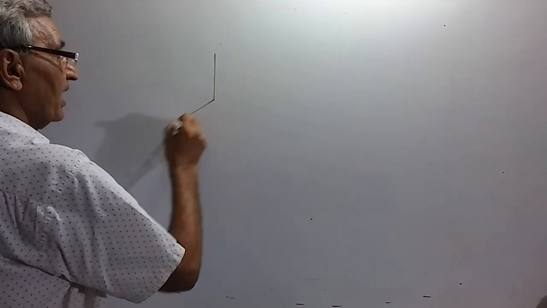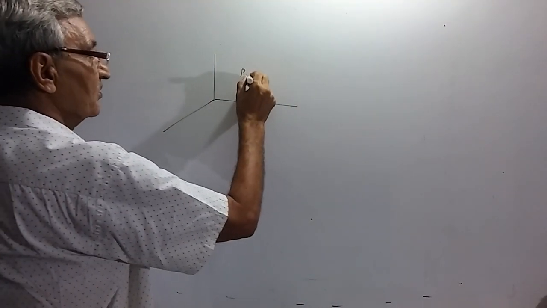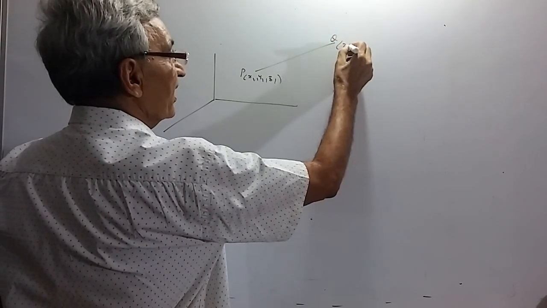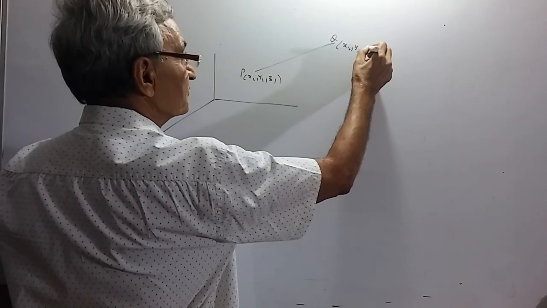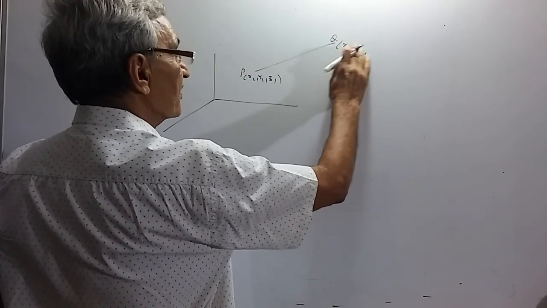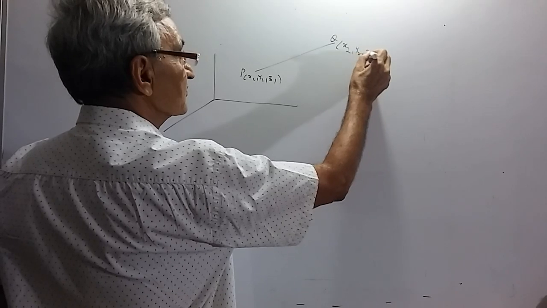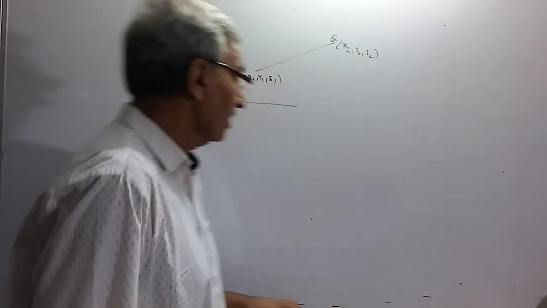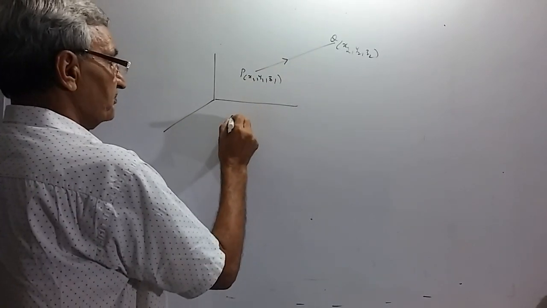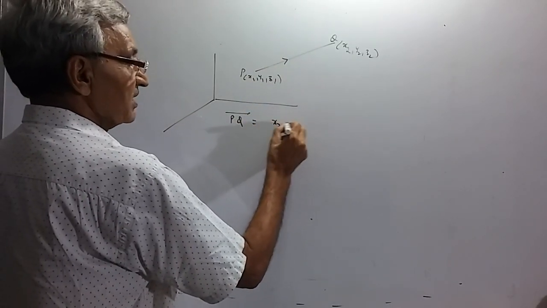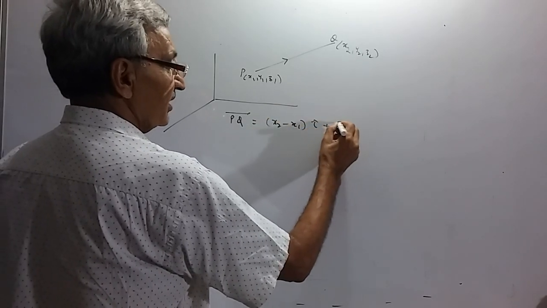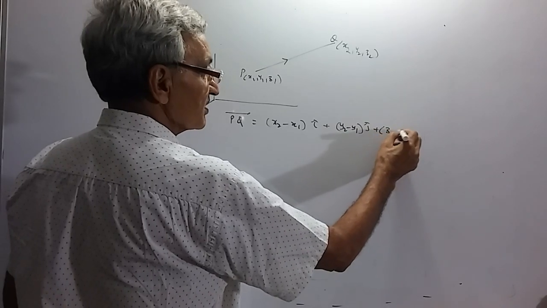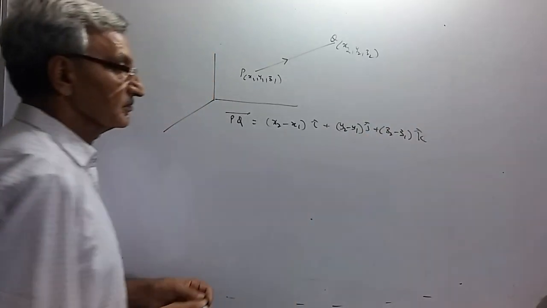Now, I just did this in vectors. There is one known point P, x1, y1, z1, and another point Q, x2, y2, z2. How do we represent PQ? What is the PQ vector equal to? It is x2 minus x1 into i, plus y2 minus y1 into j, plus z2 minus z1 into k.